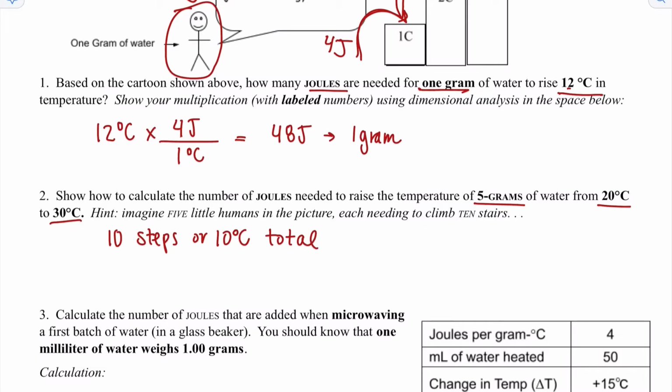So again, we can set this up with dimensional analysis. 10 degrees Celsius times, now we're going to add in our 5 gram part, times our 4 joules per 1 degree Celsius, 1 gram, like this. And in this case, we still get the canceling of our units, and we're left with joules as our final value, and we'll end up with 200 joules.